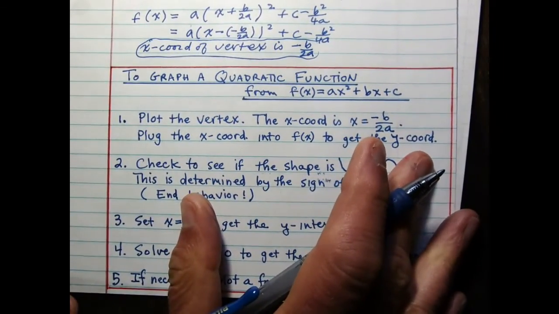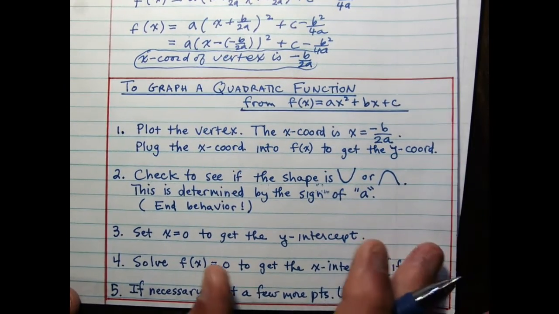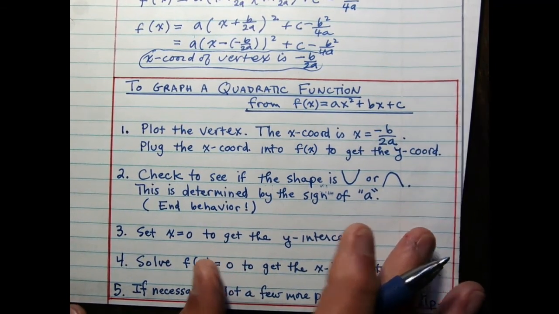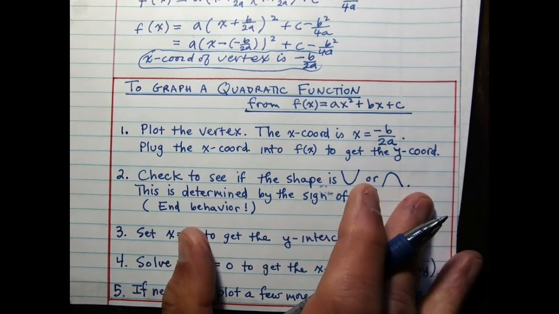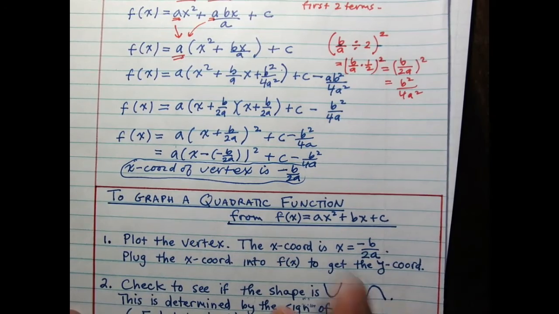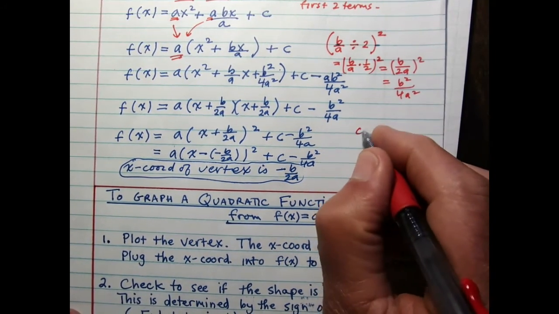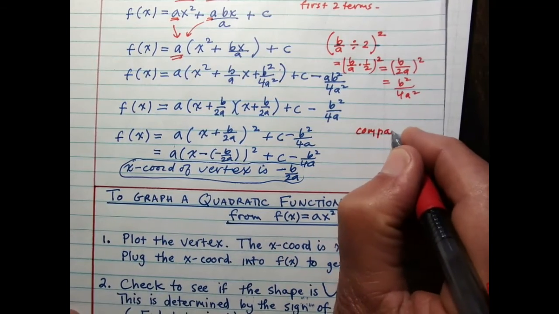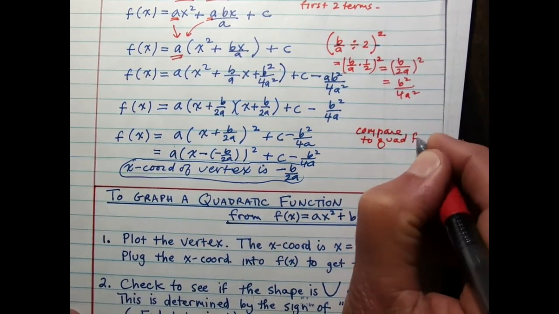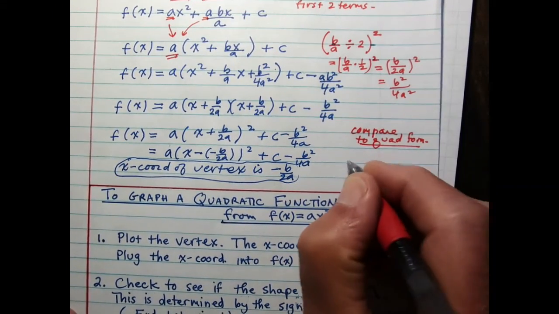In fact, we're not in this video, but in the next video we're going to go over this box down at the bottom where we're actually going to have our official steps to go through in graphing a quadratic function. Just one more thing I want to say about this x-coordinate of the vertex. Just compare it to the quadratic formula. This formula we just got for the x-coordinate of the vertex.